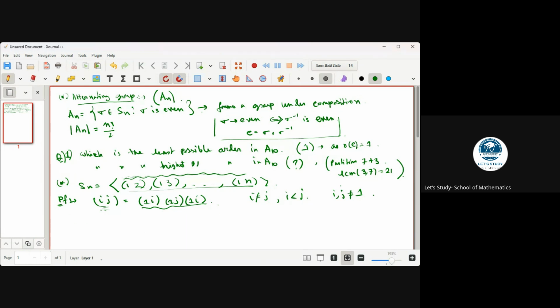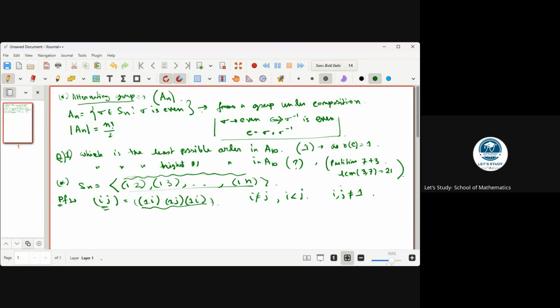If there are other types of transposition (i j), then we can write it in this form. So this type of transposition generates the whole S_n, because these types of transposition generate any type of transposition. This was our motto. And we know that every element of S_n can be written as a product of transpositions.